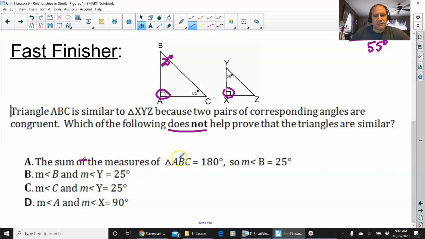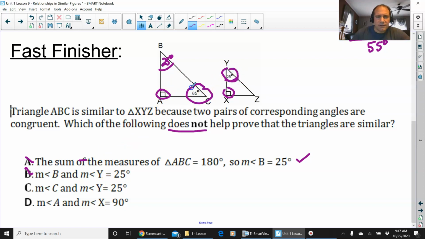So the sum of measures of ABC equals 180 degrees, so angle B is 25. That would help prove because angle Y is 25. So this one is good, that's out. Angle B is 25 and angle Y is 25. That would help prove, so that's out. Measure of angle C is 65. Measure of angle Y is 25.